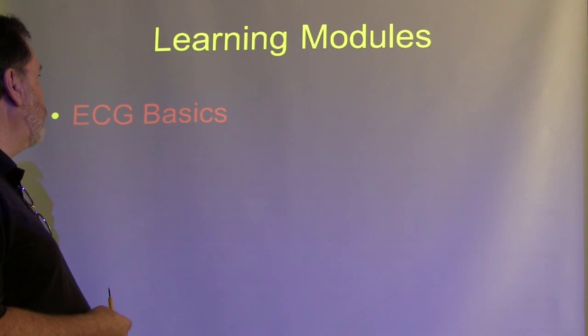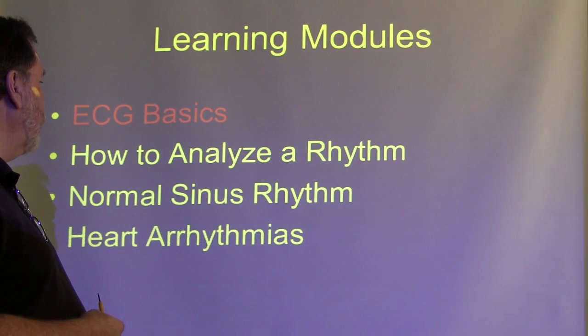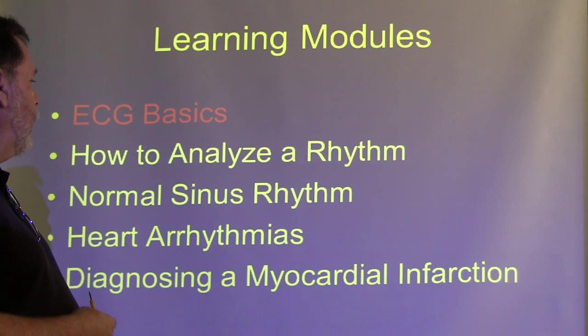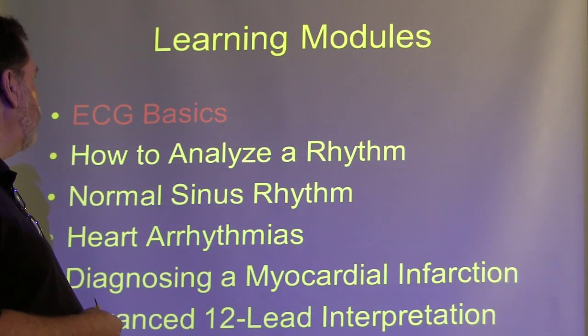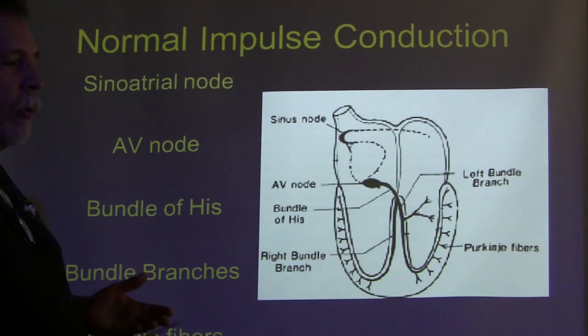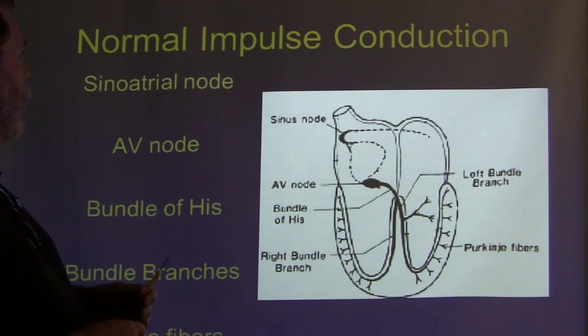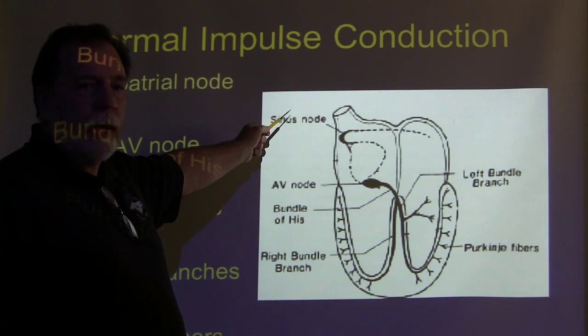Okay, first thing is ECG basics, how to analyze an ECG. We're going to talk about normal sinus rhythm, heart arrhythmias, and diagnosing the MI. First thing, as illustrated in red here, is ECG basics. This is a review of what you saw in your earlier video. But remember what the SA node is, the sinoatrial node.